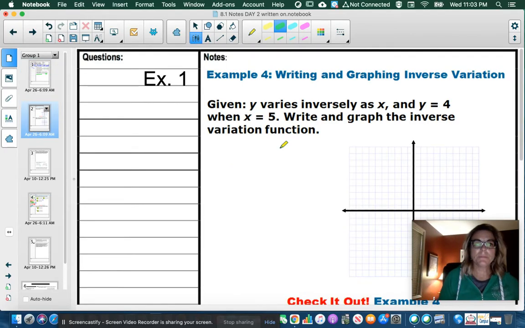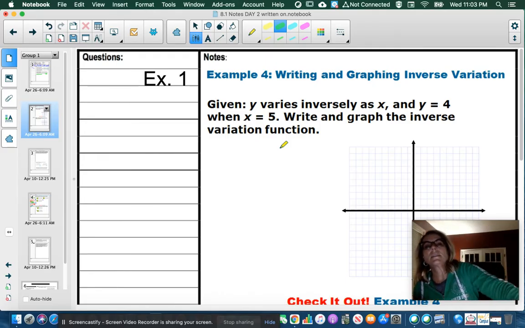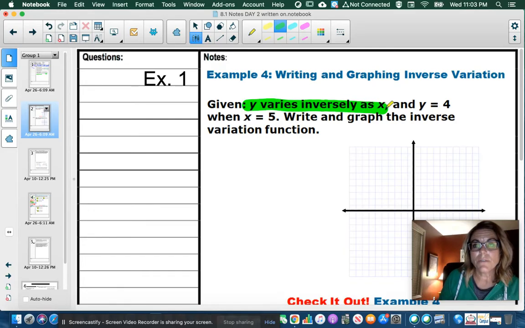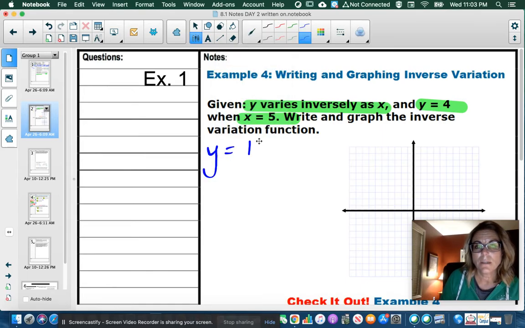Example number 1. Given that y varies inversely as x, it gives us y, gives us x, and says write the inverse variation and graph it. So here's the key: varies inversely. Let's plug in what y is, let's plug in what x is, and we're going to solve for k.